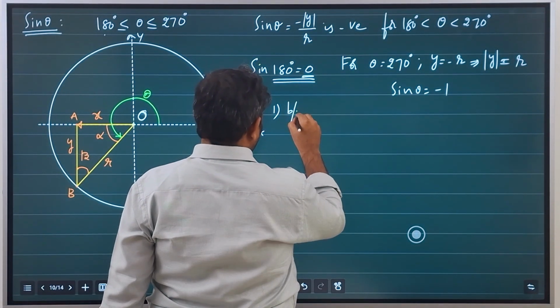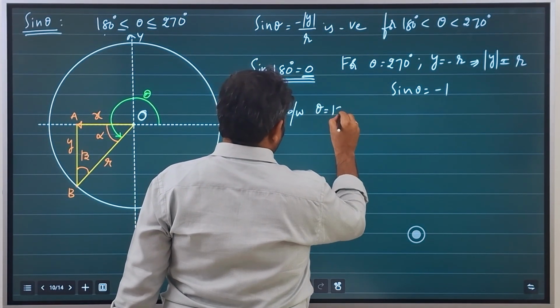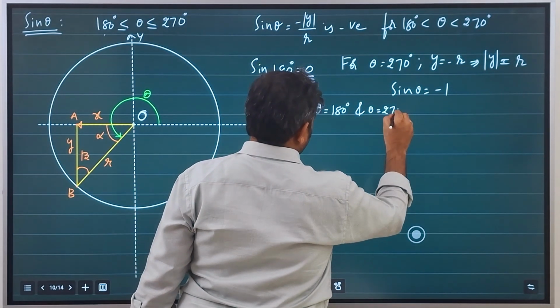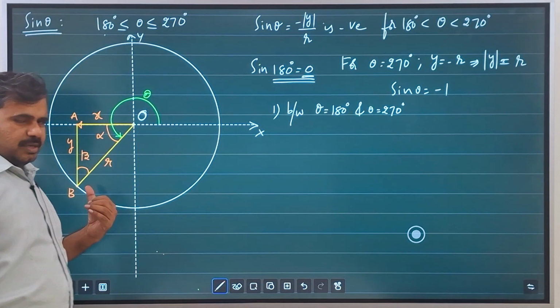Sine theta is negative and its value is decreasing from 0 to minus 1, between theta equal to 180 degrees and theta equal to 270 degrees, in the third quadrant.